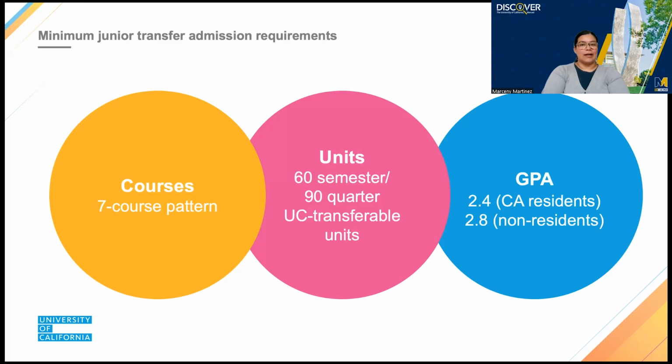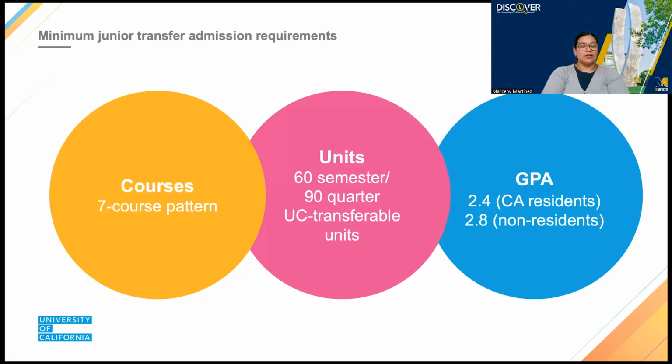In addition, students will complete 60 semester or 90 quarter units of UC transferable college credit. This is about 2 years' worth of full-time study, but can be less if a student has dual enrollment college credit or AP or IB exam scores.